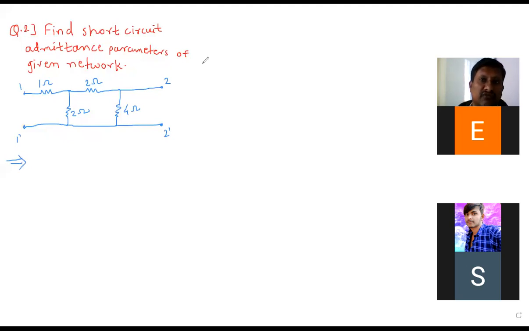So we start to find the short circuit admittance parameters, that is the Y parameters.